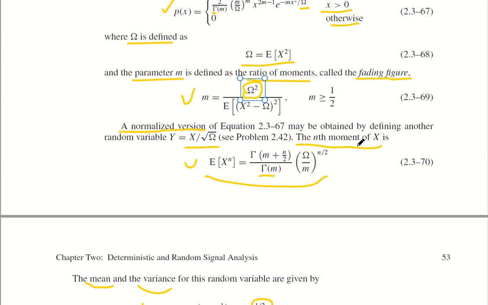So as you can see, if the numerator is large, what does it mean? If the numerator is large, meaning that it's very widespread, and you're going to have a small fading figure. If the numerator is smaller, then you have a large fading figure, and it's going to be more concentrated.